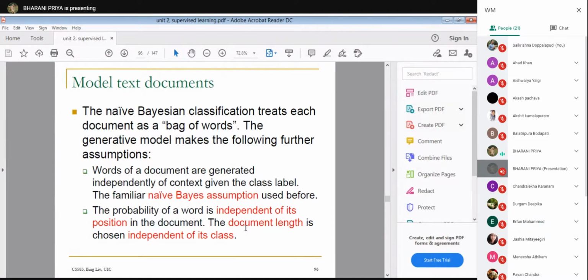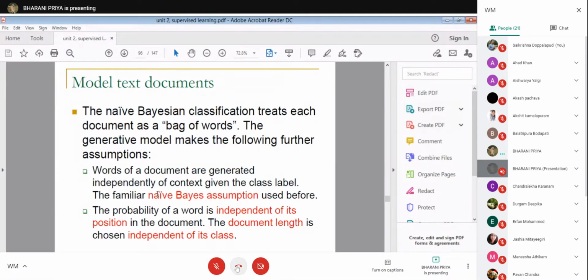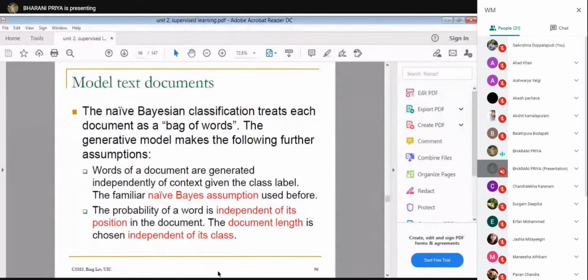I am retrieving all the unique words in the document, and I am classifying according to the class labels. Is that point clear, or shall I repeat? Clear? Okay. And even the probability of a word is independent of its position in the document. We are not considering the position in the document.